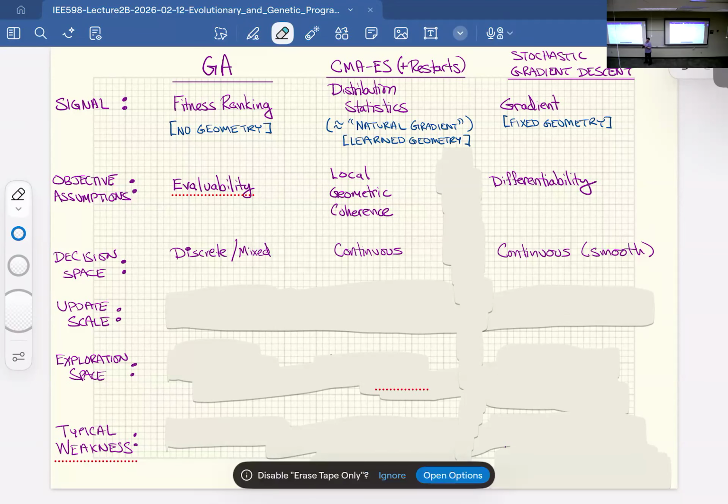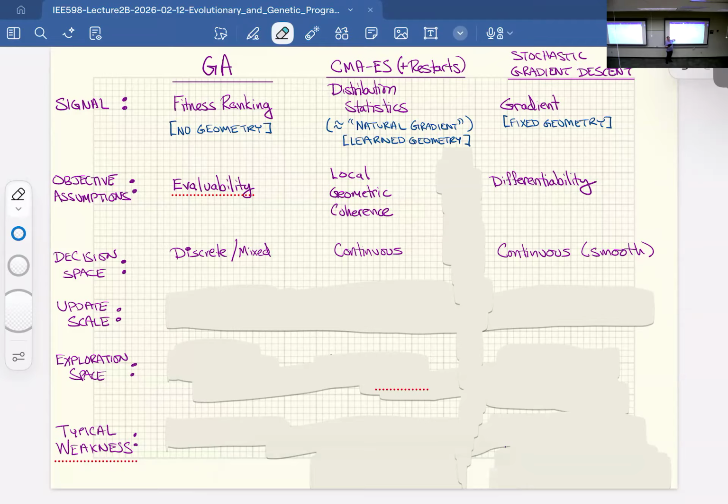Then your decision space, similarly, you get more and more constrained. In a GA, your decision space is pretty much anything you can think of. It can be discrete, doesn't even have to be ordered. It can be real. It can be a mixture of those two. And this is what's going to allow us today to talk about how we use the GA to write code.